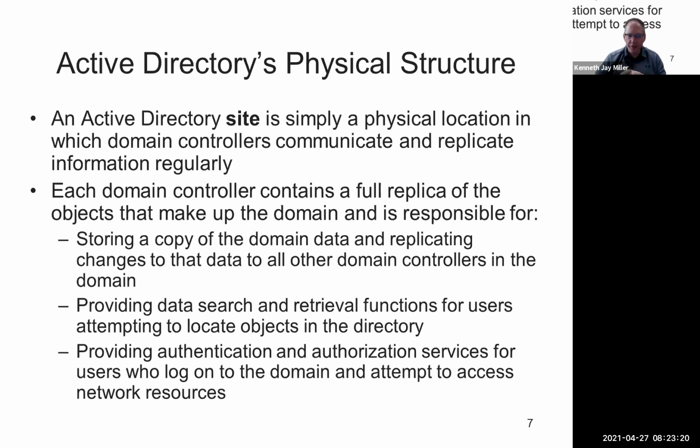And then once you're authenticated, remember our AAA: the authentication, the authorization, and the auditing. The authorization, once you're authenticated, tells you what you have permissions to do. Now, we will build our user accounts, and we'll use our group structure.